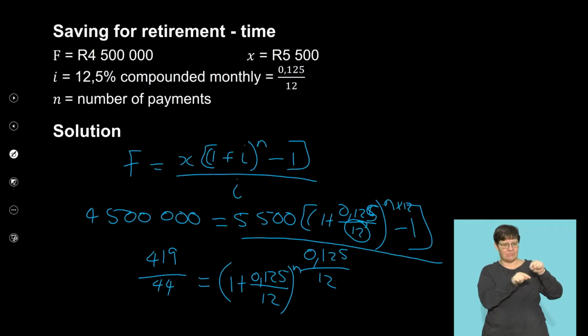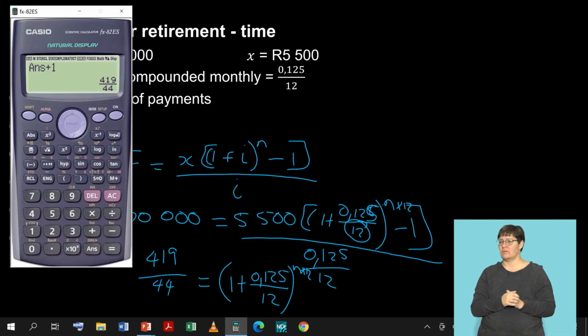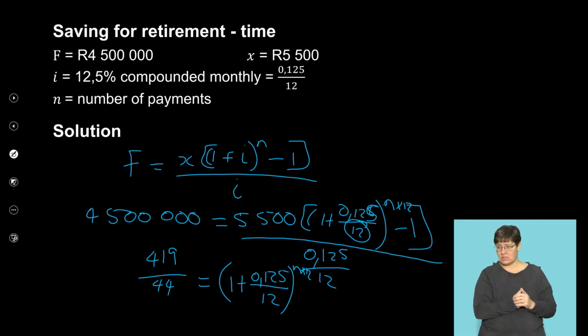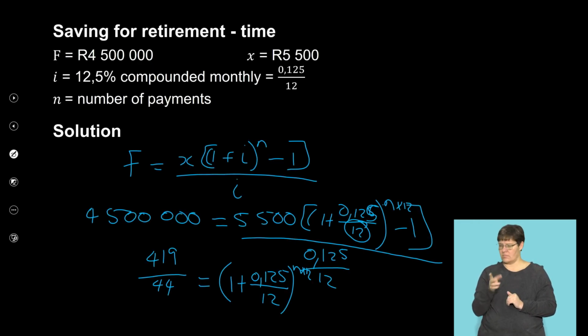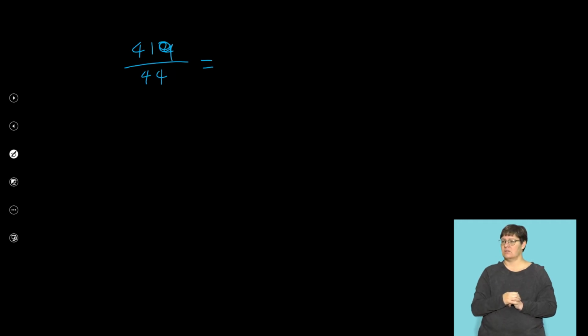Now from here, I will then introduce a log. This is times 12. Let me just quickly write it down for you so that you can see what I mean. 419 over 44, I hope. Let's just quickly verify. Yes, 44 equals 1 plus 0.125 divided by 12 to the exponent of n.